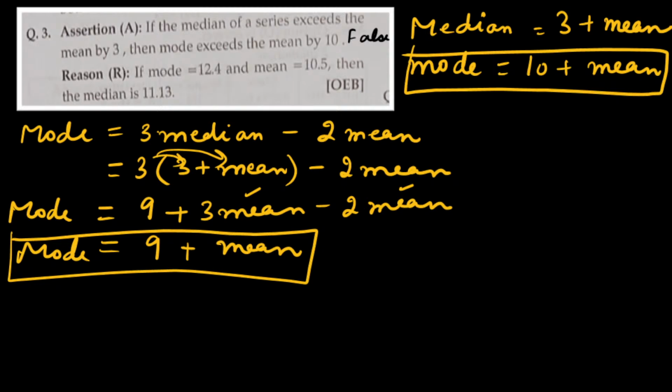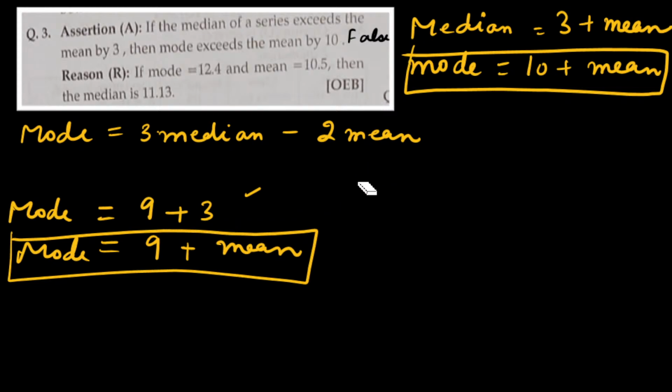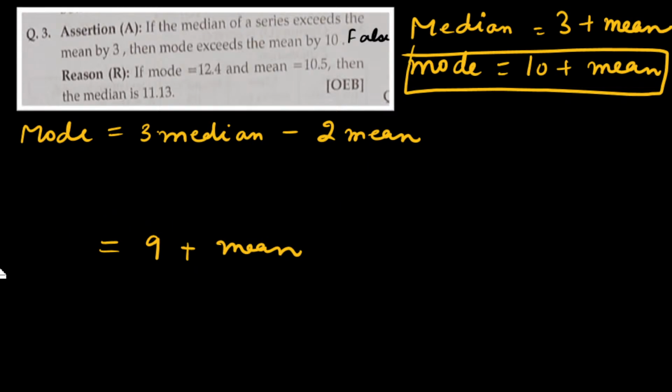Next one, again by using the same relation only we have to do. Some values are given to us. We will just check whether the values are correct or wrong. So same relation, mode and mean are given to us. Median we have to find. And the median's value they have mentioned should be 11.13. Okay, I'll just substitute.